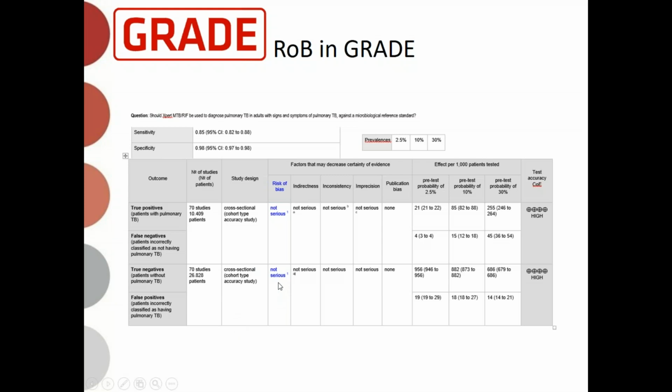So in your GRADE assessment, you can say risk of bias for specificity will be serious, and you highlight why. You can say some studies that were included were case control studies with healthy controls, and with healthy controls, there's a likelihood of overestimating specificity.